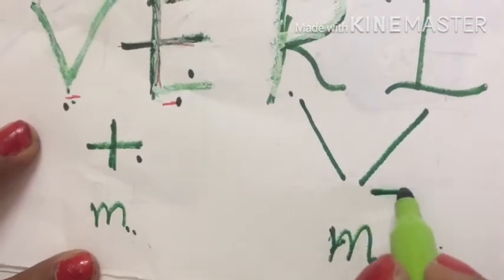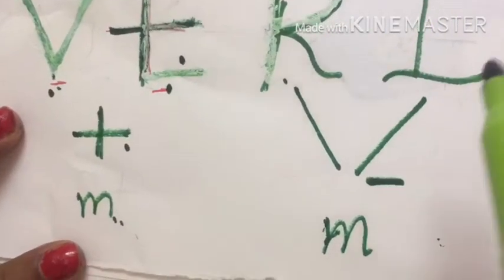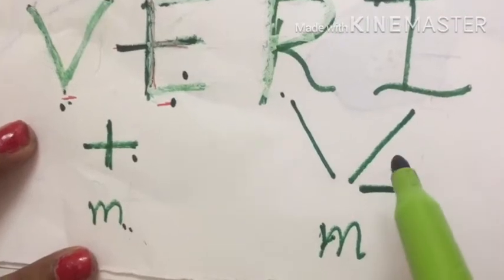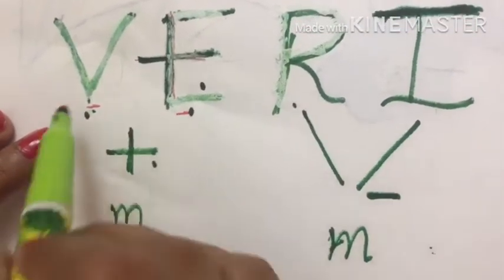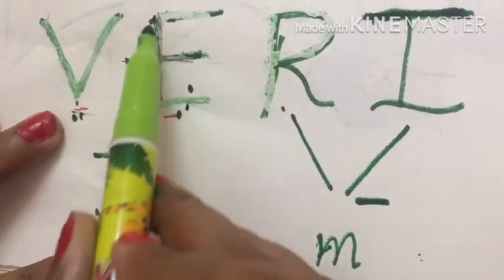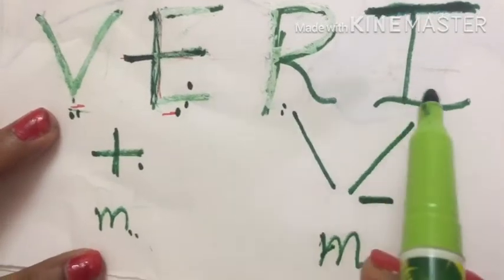If magnification is negative, the image is real and inverted, and if it is inverted, it will form below the principal axis. So this is a simple way to learn: virtual images are always erect with a positive sign, real images are always inverted with a negative sign.